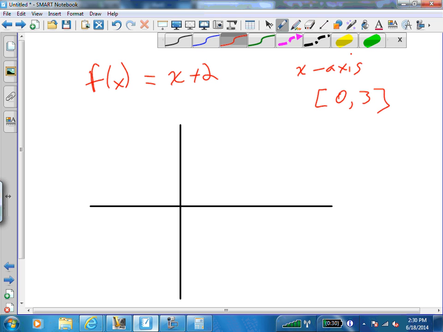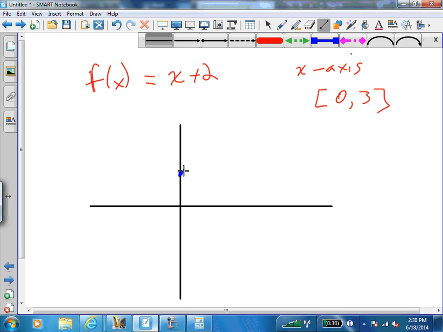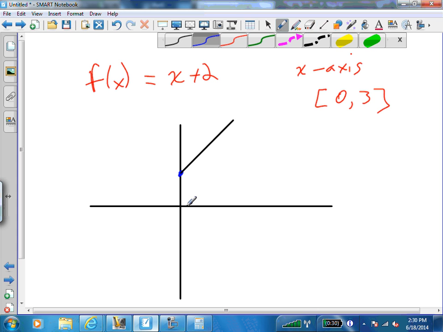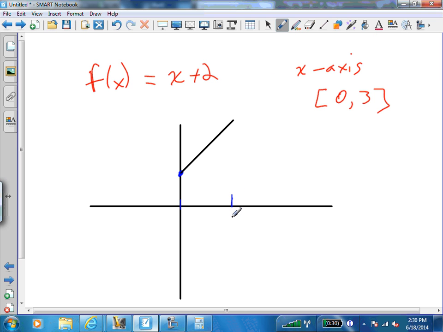This is a straight line with a y-intercept of 2 and a slope of 1, and we're going from 0 to 3. That's our area that we're rotating around the x-axis.